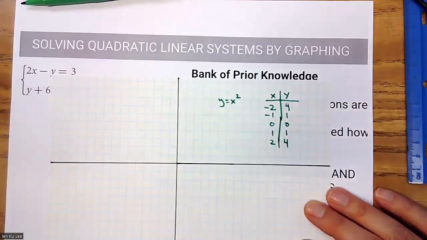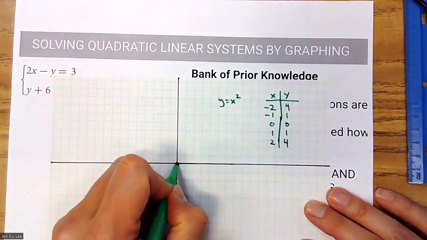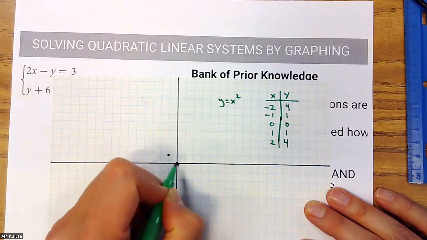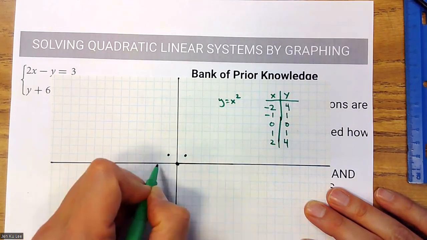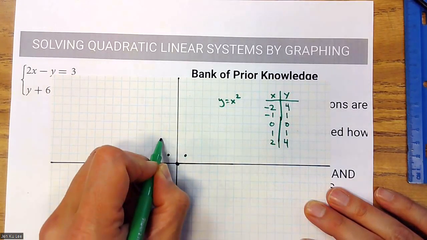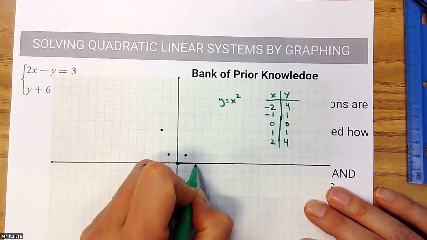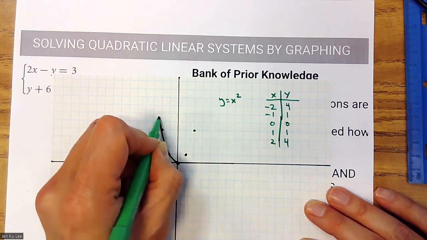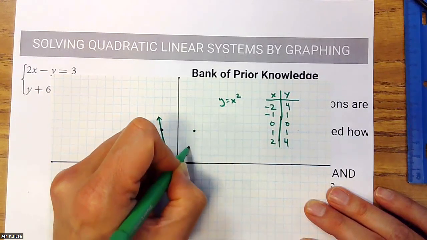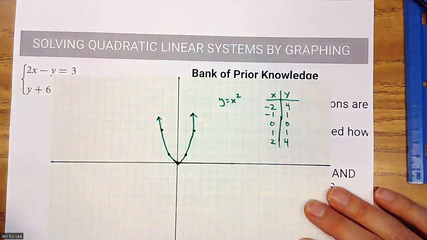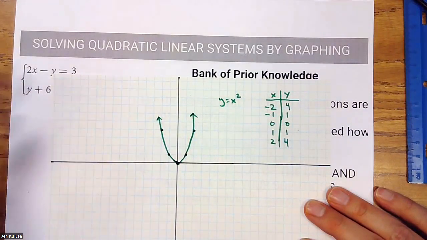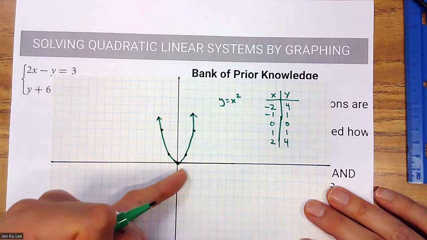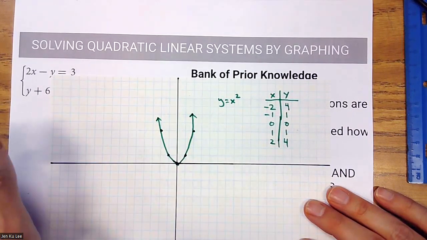So the parent function has points (0, 0), (-1, 1), (1, 1), (-2, 4), and (2, 4), right? That was my parent function, correct? And then we did all the transformations in order to change this graph.